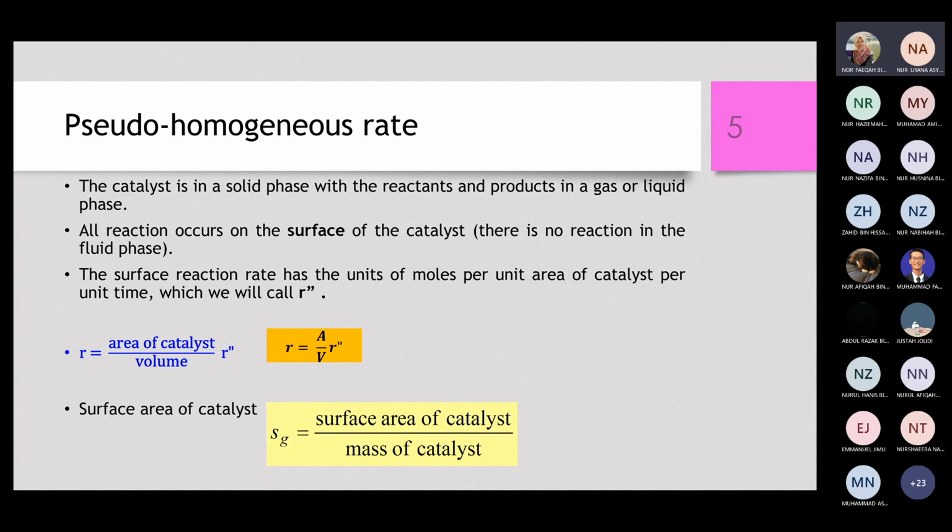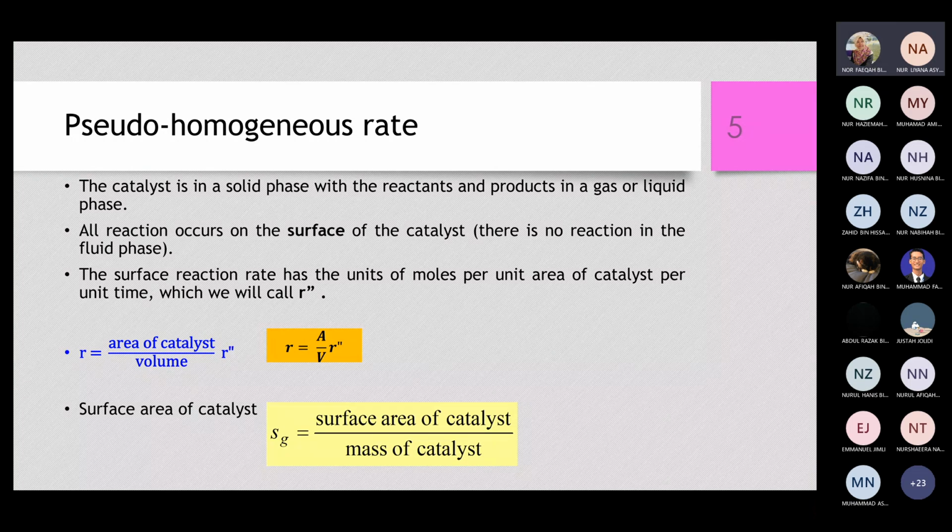So the catalyst is in solid phase with the reactants and product in a gas or liquid phase. Okay, so reactants can be in gas or in liquid. So jangan kata for catalytic reaction only for gas phase reaction. No, for liquid phase also can consider as a heterogeneous catalytic reaction because it will react with the solid catalyst and the solid catalyst remain as a solid.